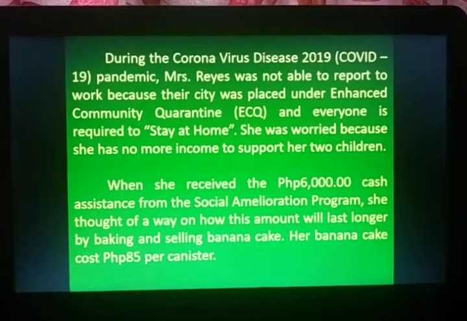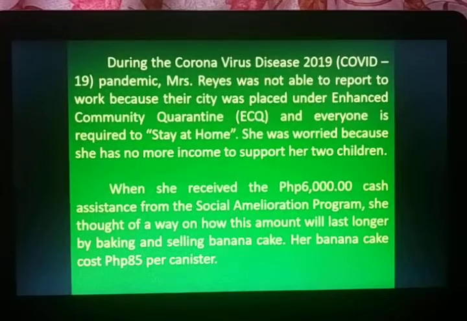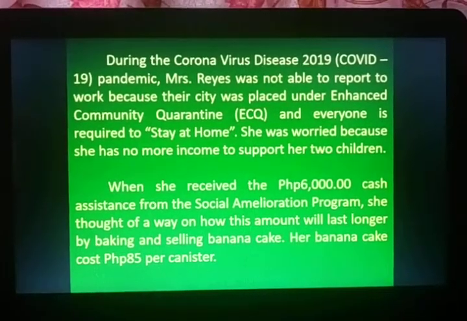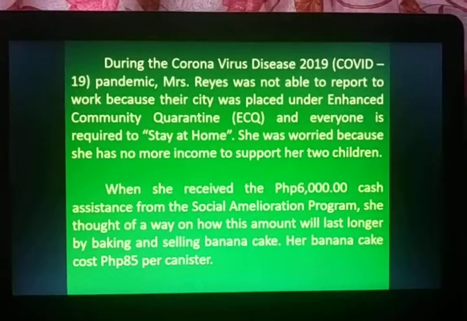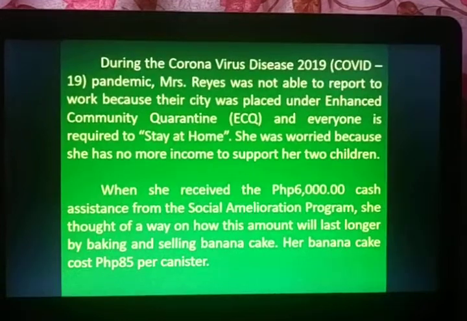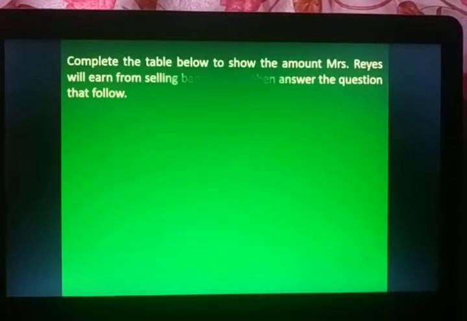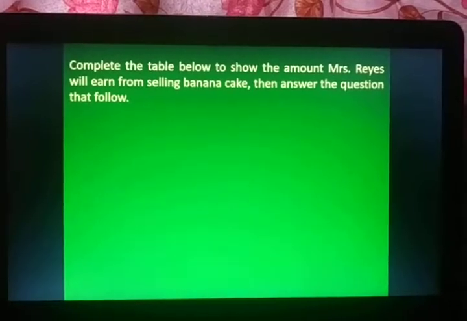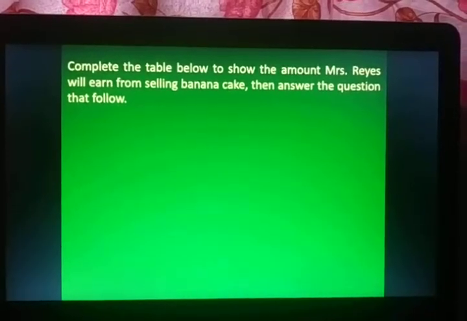And so Mrs. Reyes was not different from them. She made use of the 6,000 pesos cash. She sold banana cakes for 85 pesos per canister. Okay, understanding that problem, we will now apply Polya's method of problem solving.